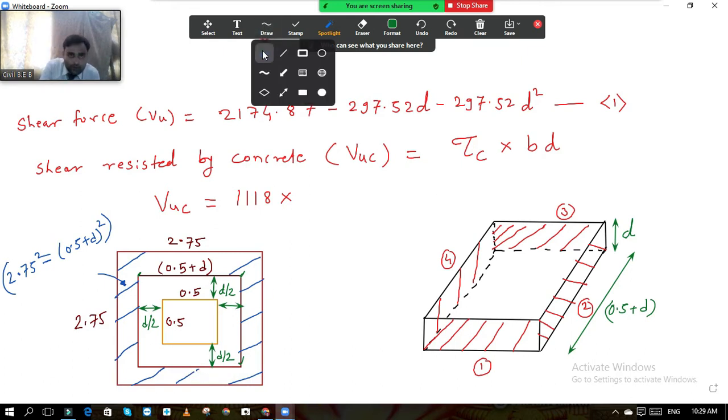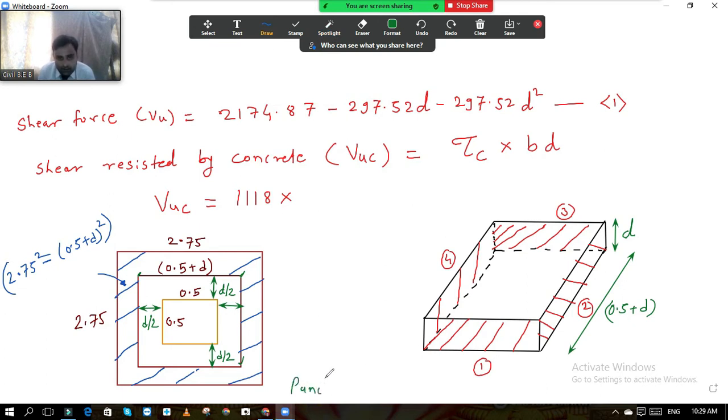Okay, so what is your punching area now? If I calculate the punching area, it will be A1 plus A2 plus A3 plus A4, but all the areas are the same.